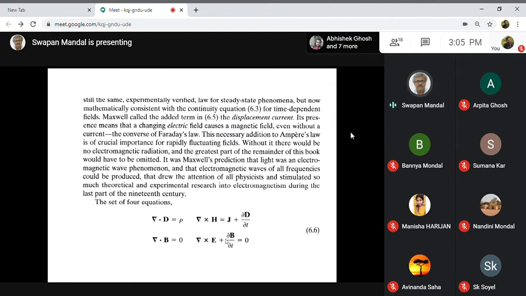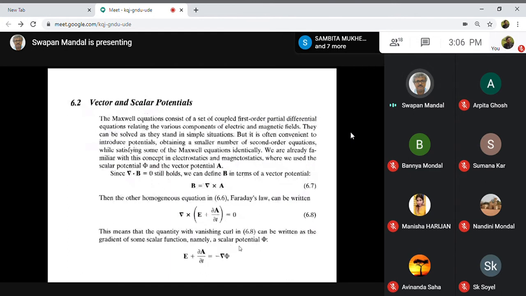Therefore, I can take the curl operation outside, and inside put the vector E plus del A del T. That is exactly what is written here: curl of E plus del A del T equal to 0.